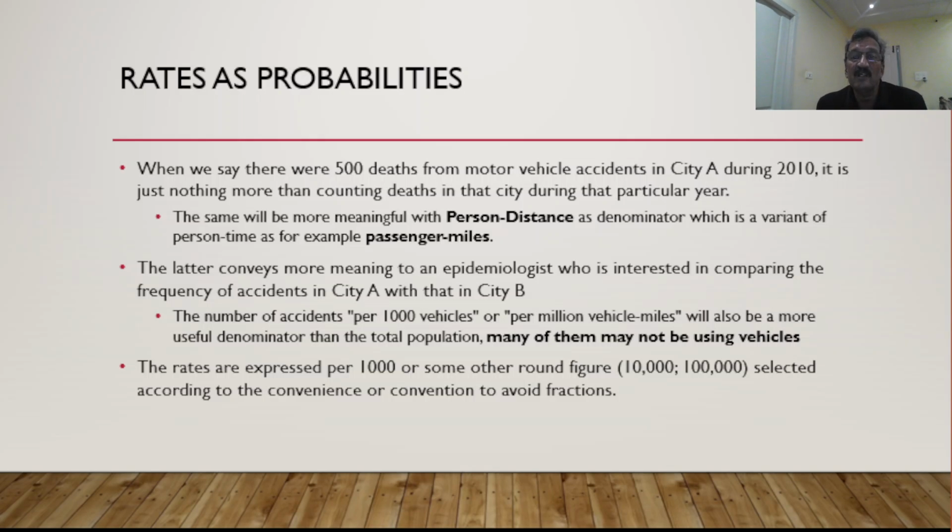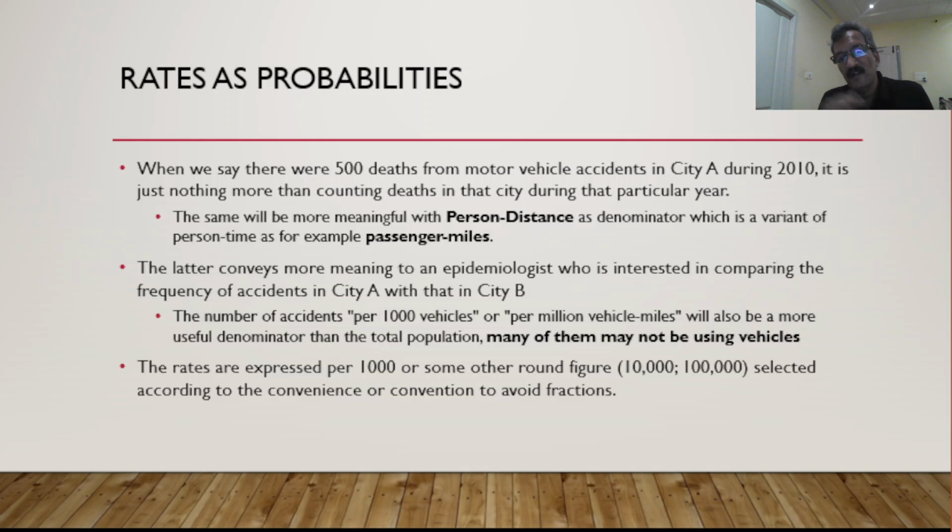Like we say that, okay, there were 500 deaths from motor vehicle accidents in city A during 2010. We are just telling the number of deaths in that population, nothing much. You're not even calculating a ratio, you're not even calculating the proportion. To be meaningful, what I have to do is look at how that 500 deaths evolved.